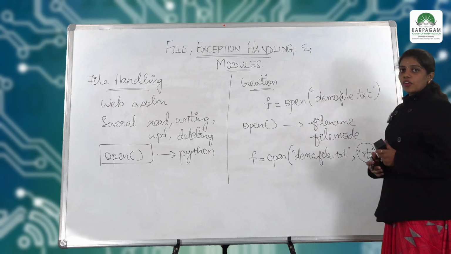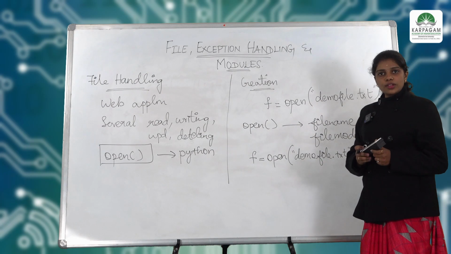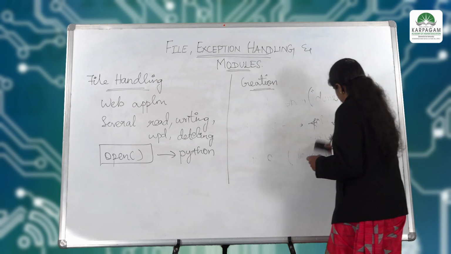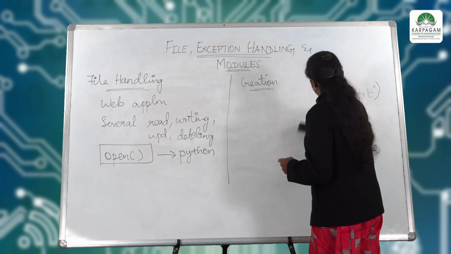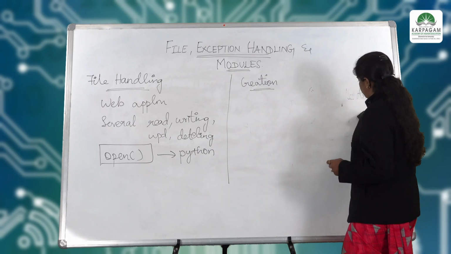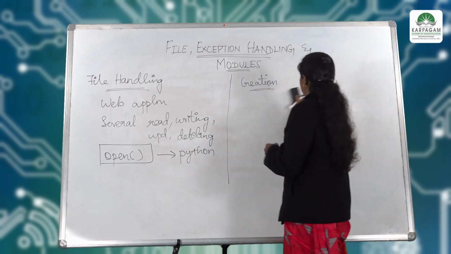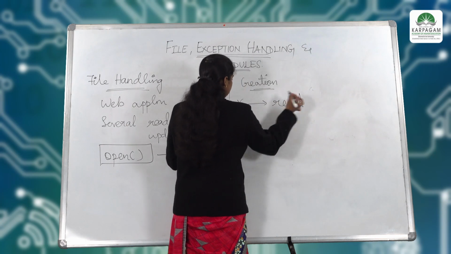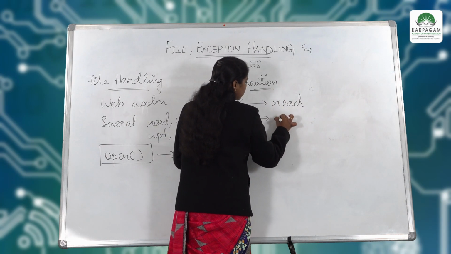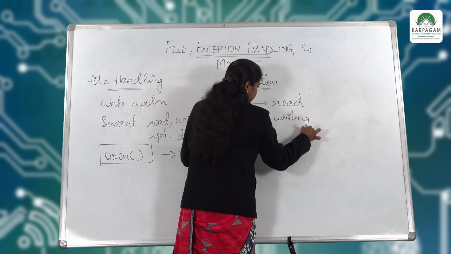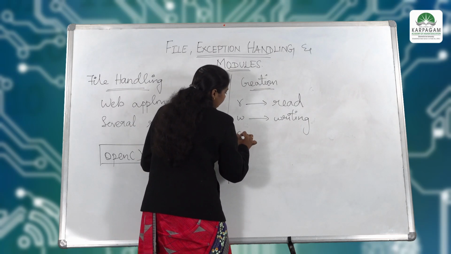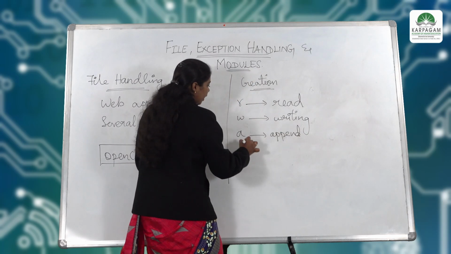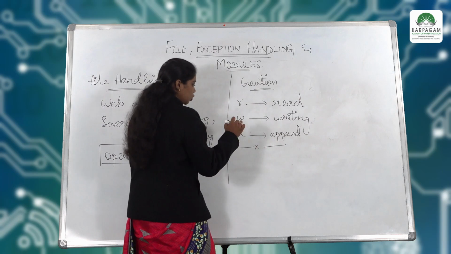Like other programming languages, Python also has some modes for the file. R is for reading a file, W is for writing in the file, and A is for appending, and added to that, Python has two special types.